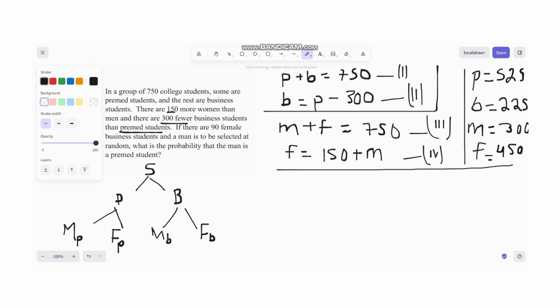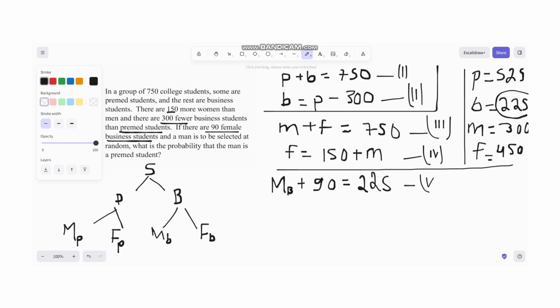Now let's read another sentence. If there are 90 female business students, so out of all female, there's 90 female business students. We know that total number of business students is 225, and if there are 90 female, we can say the number of male business students plus number of female, which is 90, that will equal 225, which is total number of business students.